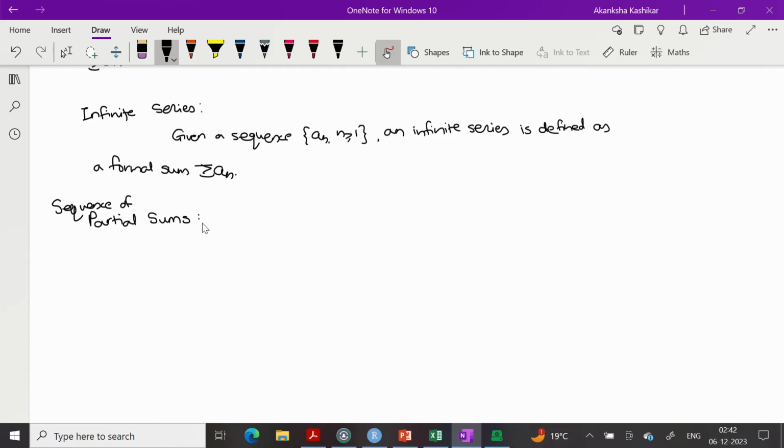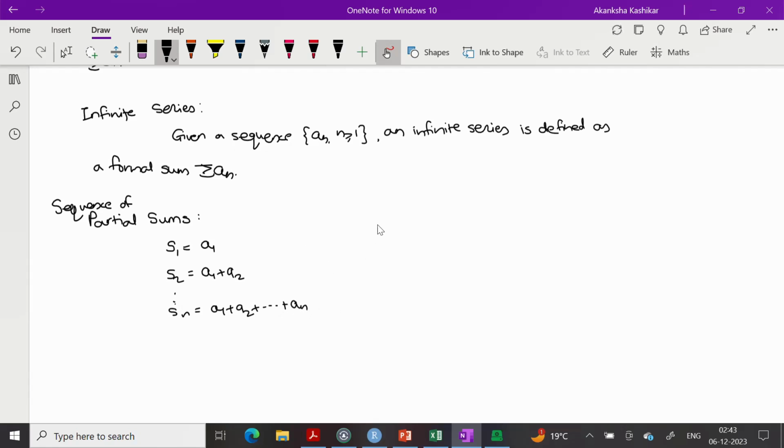What do I mean by partial sums? As the name suggests, it has to be the sum of some parts. So let me define S_1 as a_1, S_2 as a_1 plus a_2, S_n as a_1 plus a_2 plus up to a_n. So S_n is the sum of the first n terms.